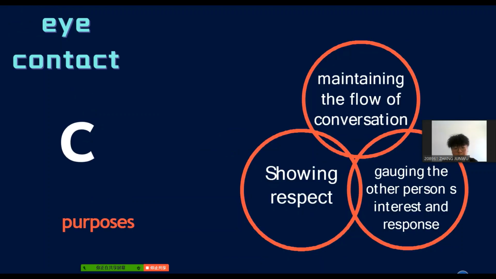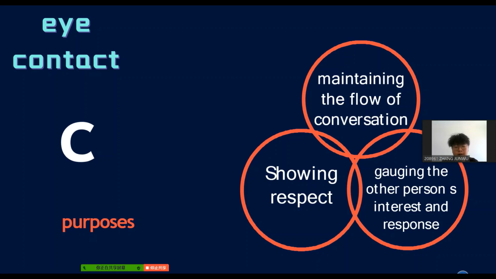What is the purpose of making eye contact in communication? Of course, some facial expressions can't be without eye contact. Eye contact is all about helping us express ourselves better. First of all, eye contact can help us keep the conversation flowing when we talk with others.